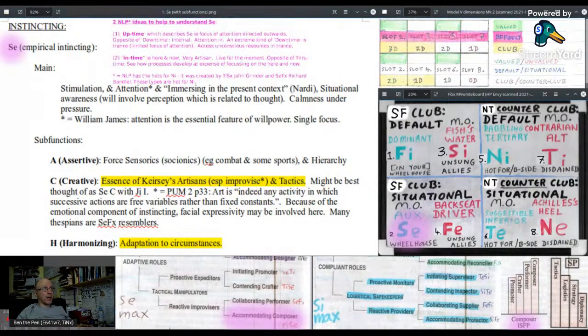So it's highly likely that they're going to be using the harmonizing subfunction of SE more than the assertive subfunction of SE, which is more the realm of ESTP, the ESTP being an initiator.